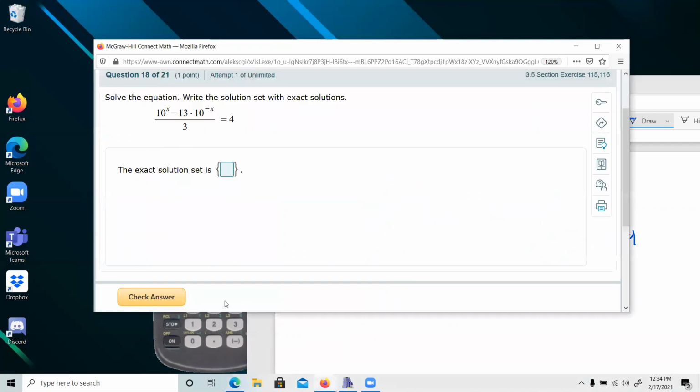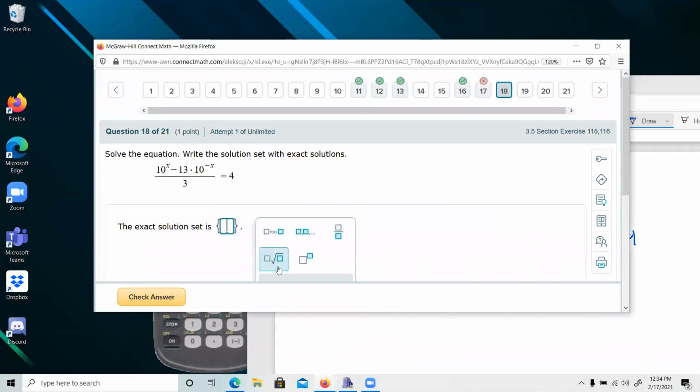So there we go. So our solution set is, so they gave me the things here, that's good. So we have log 13 and log 4.